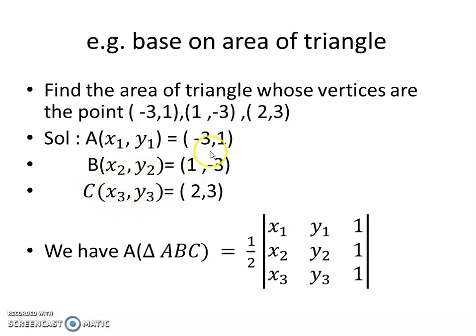So A is (-3, 1), B is (1, -3), and the last point C is (2, 3). Now we put all the values of x1, y1, x2, y2, x3, y3 in our given formula, 1 upon 2 times the determinant.